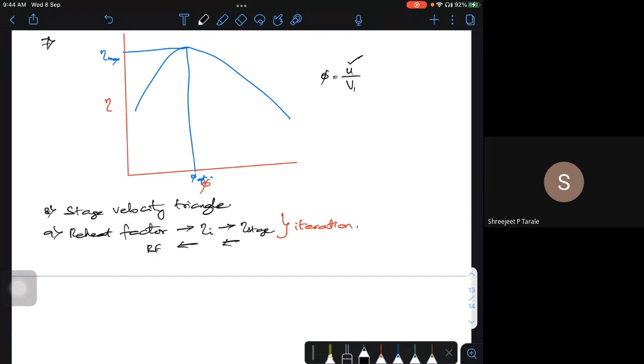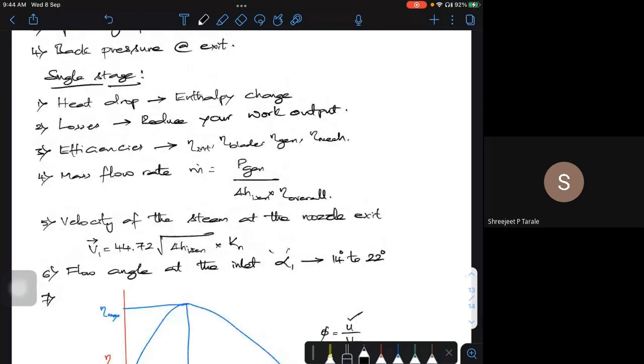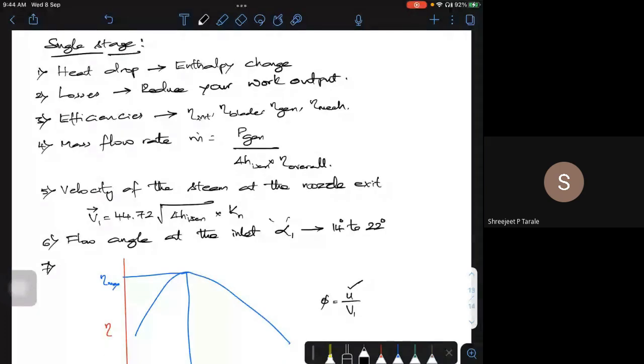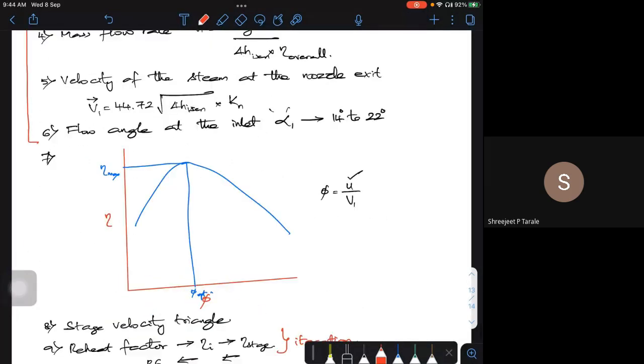Now, what will happen if I go for a multi-stage, that is more than a single row? If that is the case, maybe I don't want to repeat. For multi-stages, stages 1 to 6 are the same.